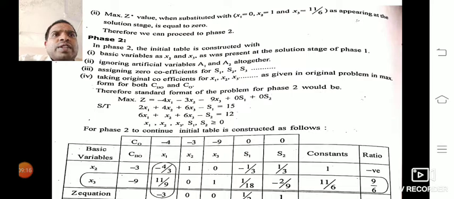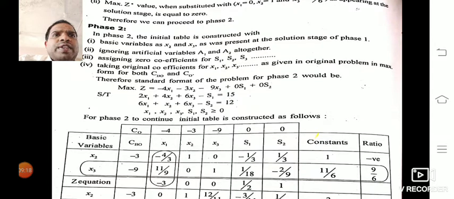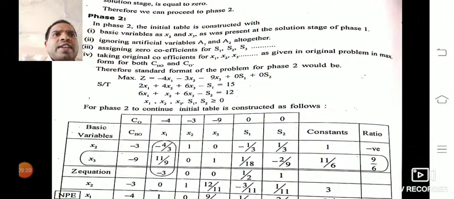In phase 2, the initial table is constructed with the basic variables x2 and x3 as present at the solution stage of phase 1.